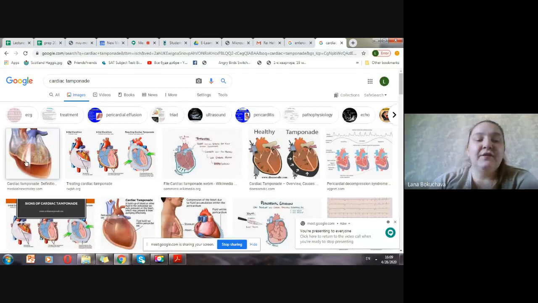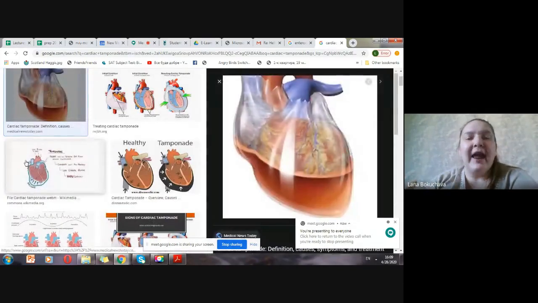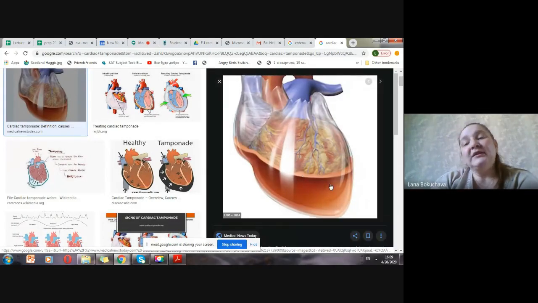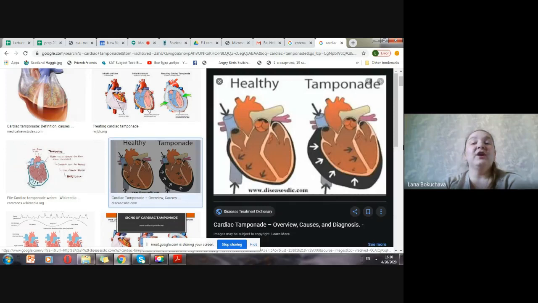Because in case of, for example, car accidents or any other type of accident where we have leakage of blood, what is happening? We have blood accumulation between the visceral part of the pericardium and the parietal part of it. And as a result, imagine the blood, here it is, look, that's what we call cardiac tamponade. You see, the blood is surrounding the structure of the heart like this.